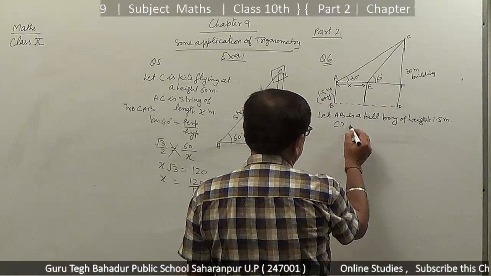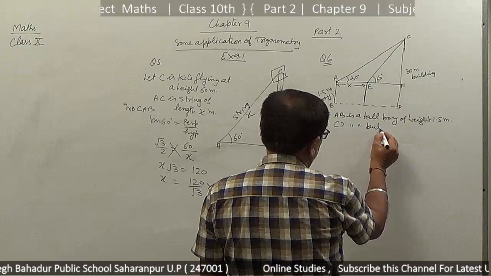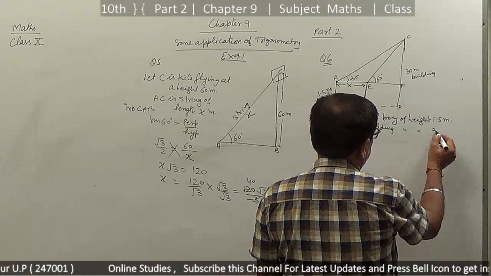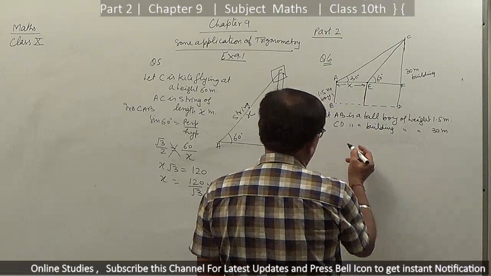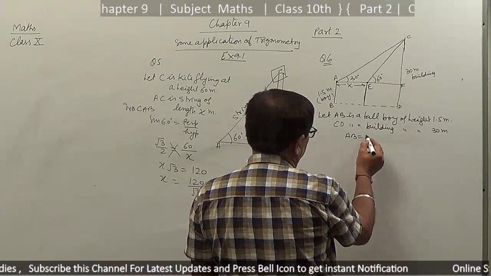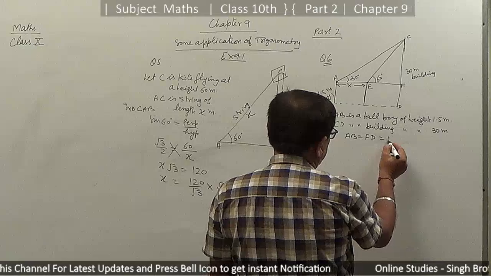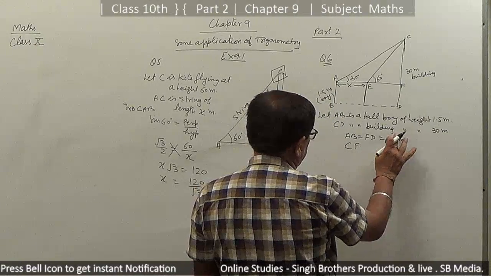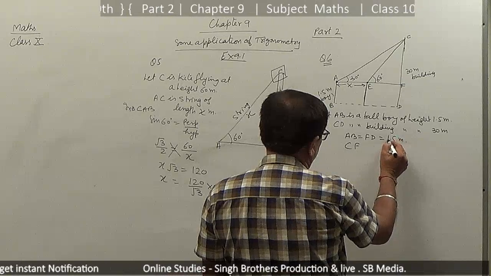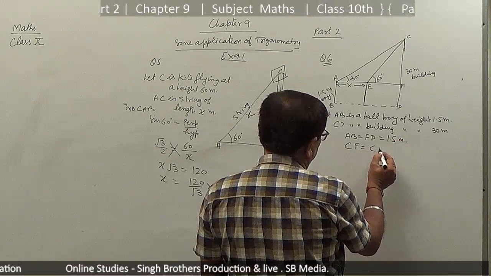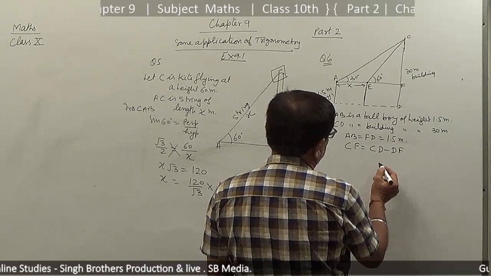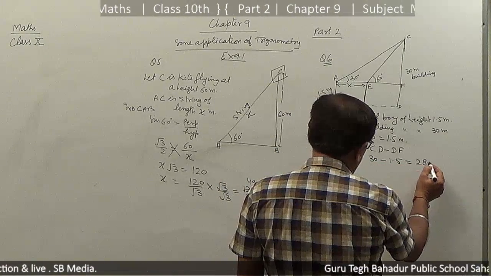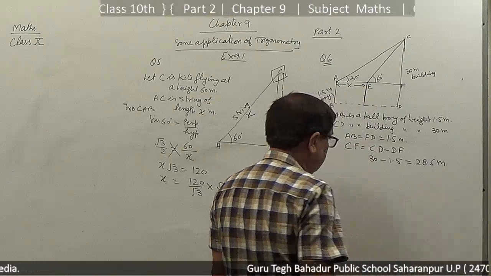CD is a building of height 30 meter. AB is equal to FD, 1.5 meter. CF is equal to CD minus DF, 30 minus 1.5, 28.5 meter.